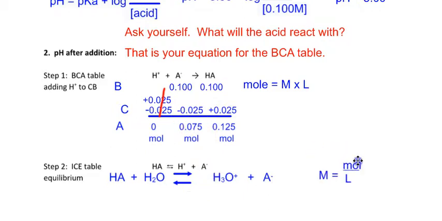What goes in the ICE table? It is molarity. I need to find the molarity of everything. Fortunately for us, the math is pretty easy. Your concentration of A- is 0.075 molar. H3O+ was all used up to begin with. We are going to create some more, but the initial addition of your strong acid, you use it all up. So these are my initial conditions now.